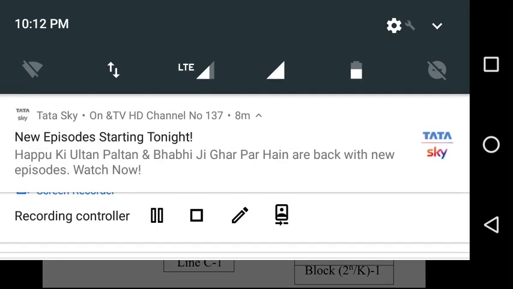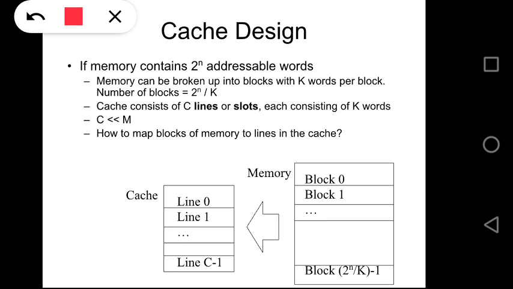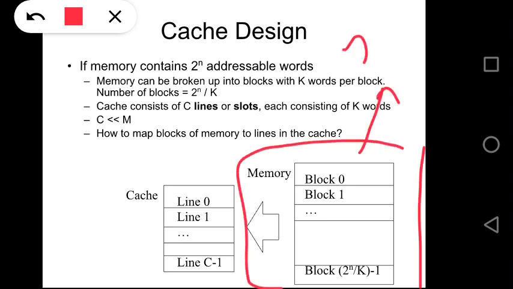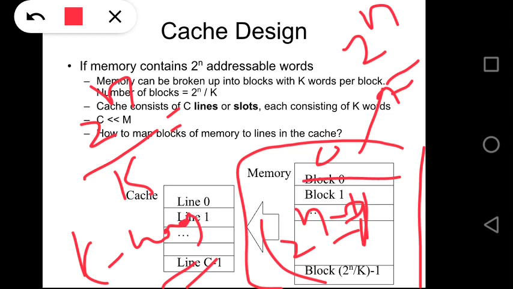If I have a physical or main memory where I can store 2 power n addresses, 0 to 2 power n minus 1, I divide these 2 power n addresses by k, where k is the words per block. So this is the number of blocks.